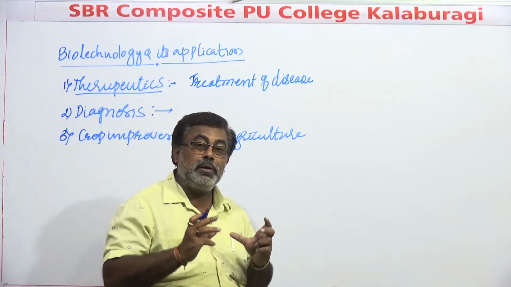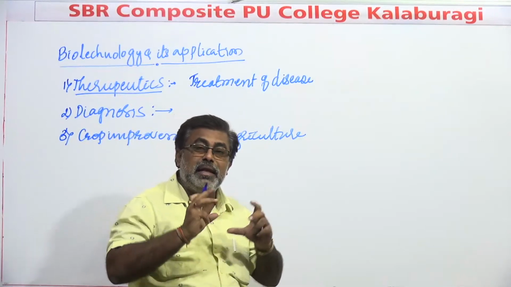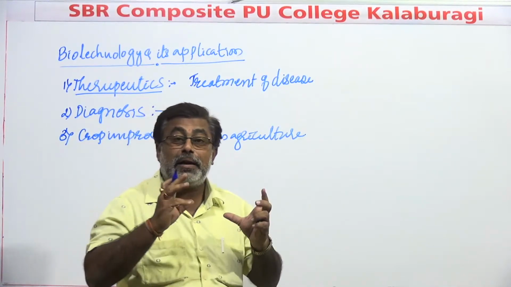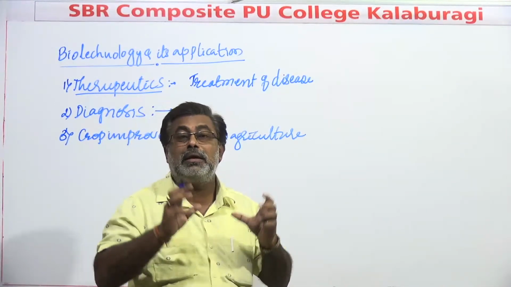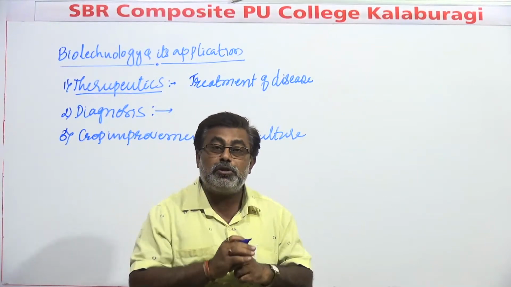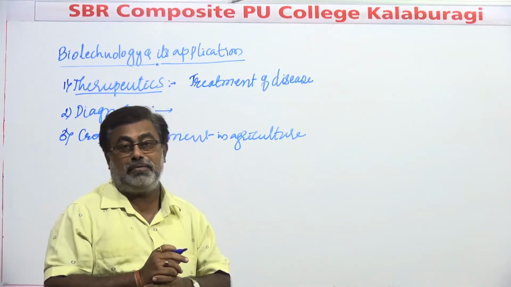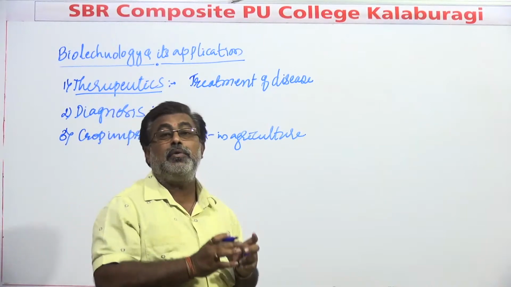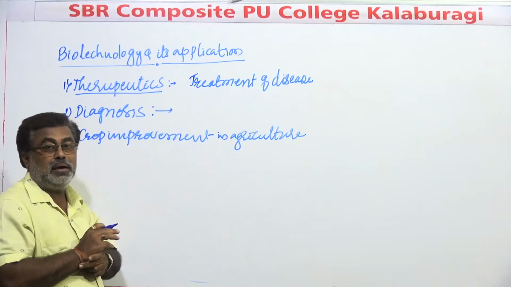What happens? The crop will be improved. There are so many crops that will be improved, so as to yield a better quality of product. So that crop will consist of what? The nutritional value. So how is it possible? By the alteration of the gene structure. So that will be studied. That is the crop improvement in agriculture.